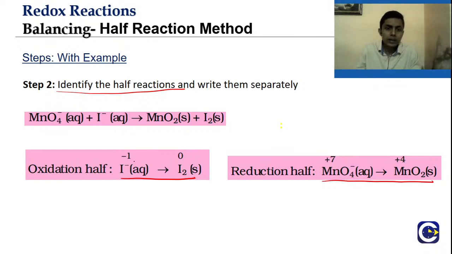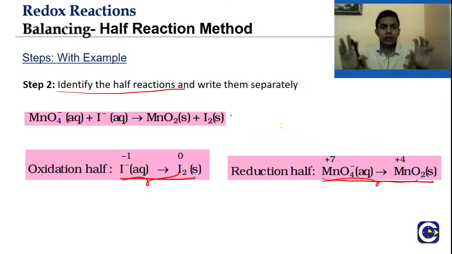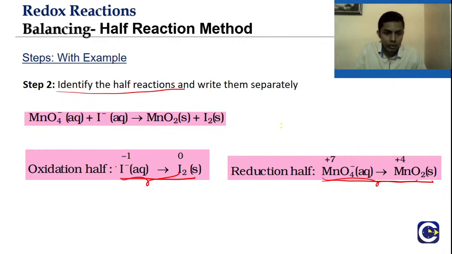Now only one thing is remaining: I have to balance the oxidation as well as the reduction. So how can I balance the oxidation reaction? Initially, we use the simple balance method, where I just multiply by 2 so that the number of iodines is balanced.